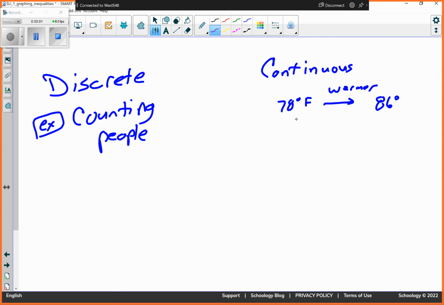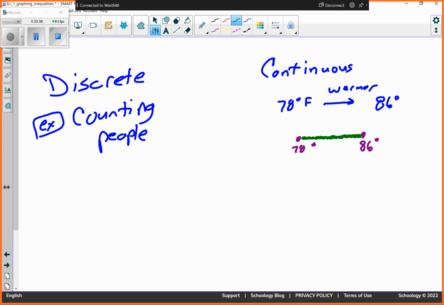All right, now here's the question: does everyone understand the example? The room was 78 degrees when we came in. They decide to turn the heater on. They heat the room up to 86 degrees. So if I went from 78 degrees up to 86 degrees, would all of these temperatures in between, all of the decimals and all the fractions, be taking place?